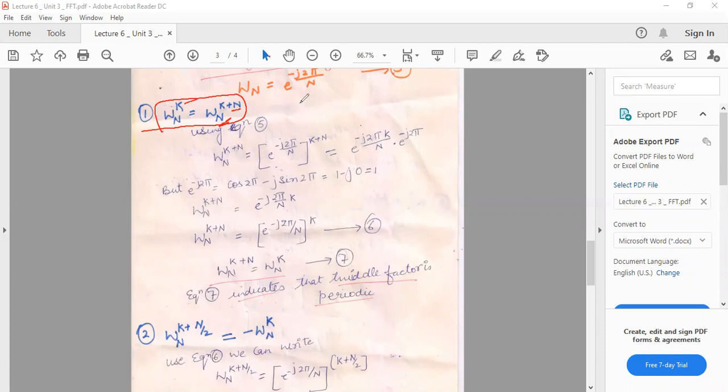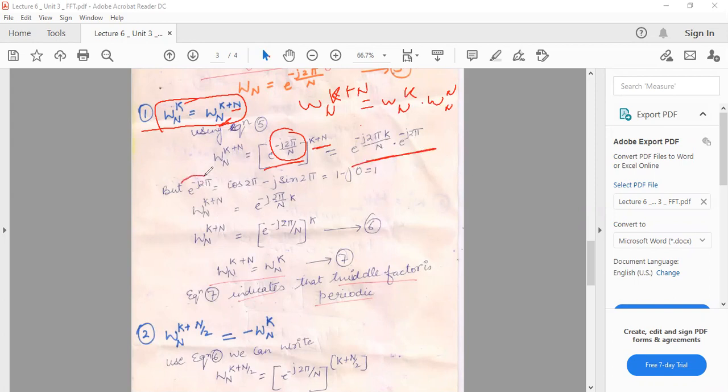So we take W_N raised to the power k plus N, which is equal to W_N^k into W_N^N, right? This can be solved in this manner. We replace W with the exponential of minus j 2 pi by N, and then solve it further like this.